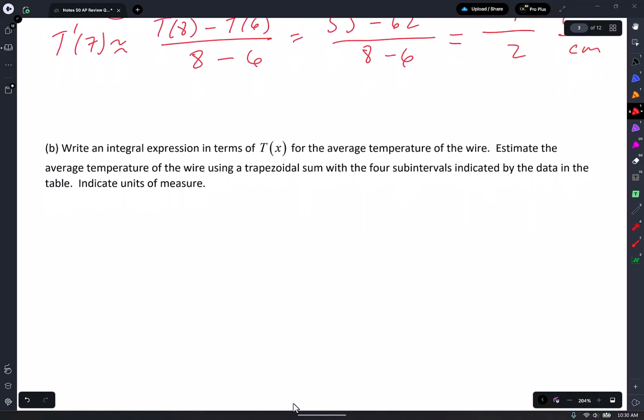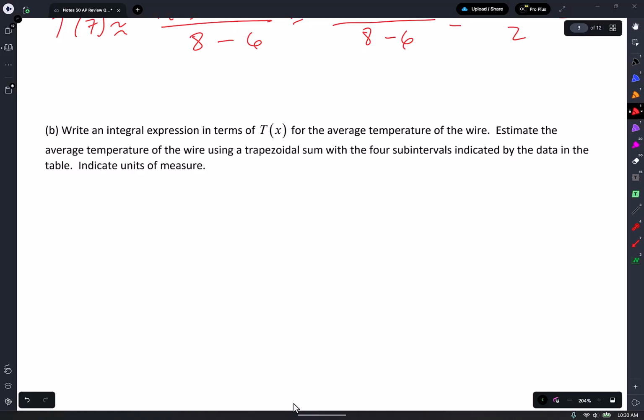All right. Letter B. Write an integral expression in terms of T of x for the average temperature of the wire. I thought I was highlighting, but I was crossing it out. Average might be 1 over B minus A, remember? Estimate the average temperature of the wire using a trapezoidal sum with 4 subintervals indicated by the data in the table. Indicate units of measure.